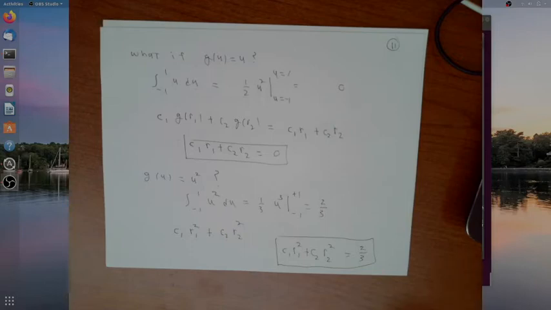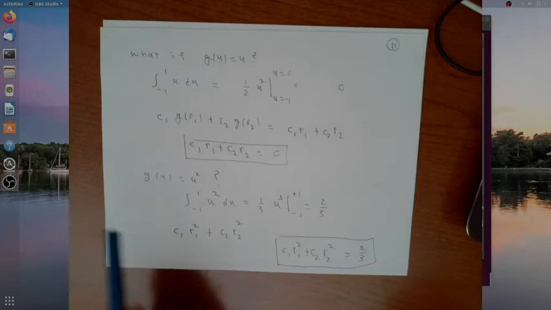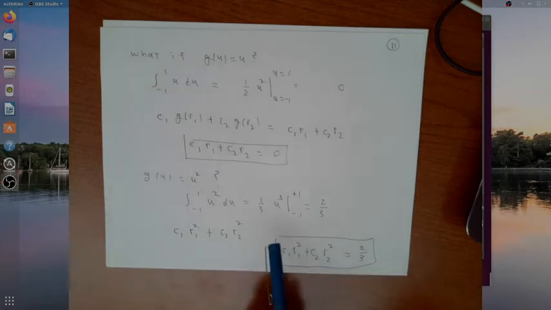Pressing on, what if g was u squared? The antiderivative would be 1/3 u cubed. Put -1 and +1 into that and subtract. The exact value of the integral is 2/3.